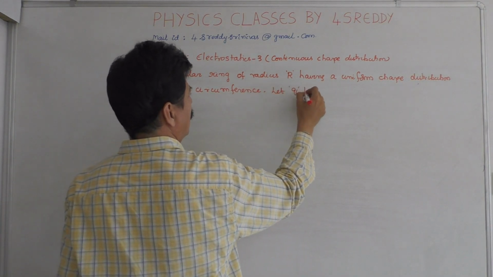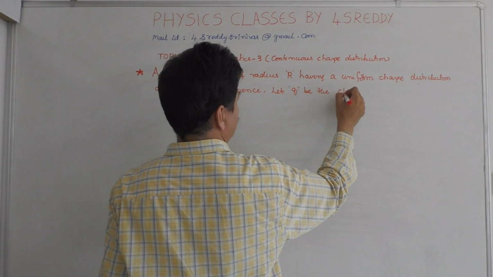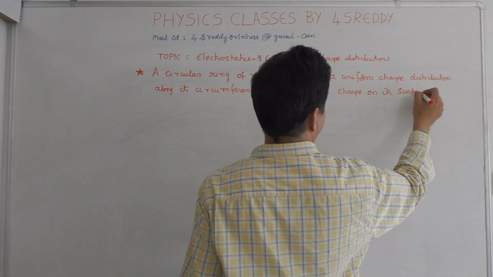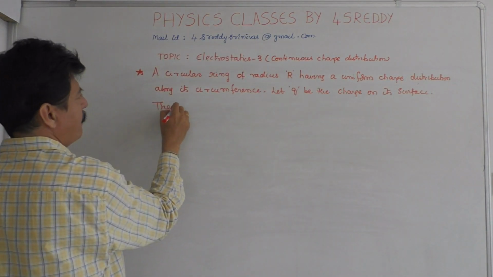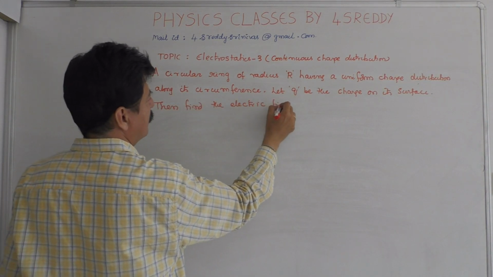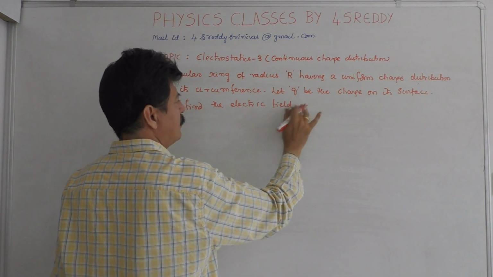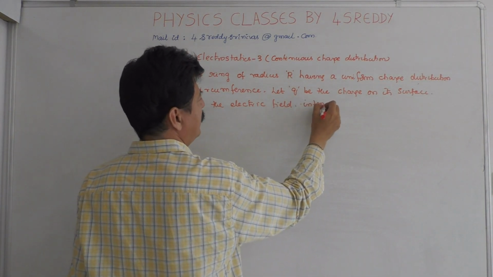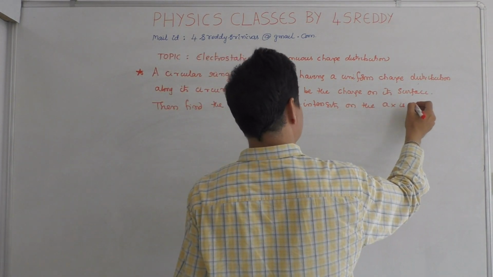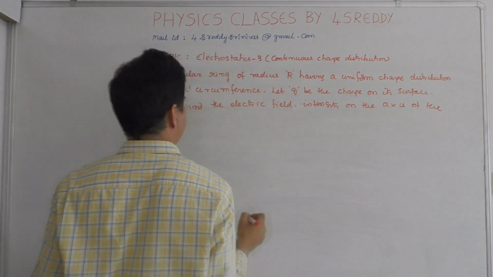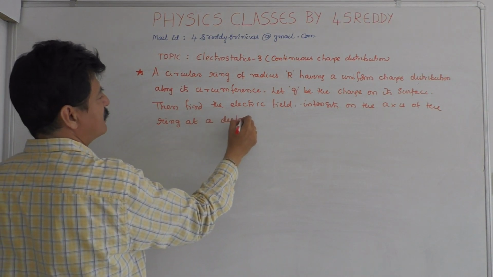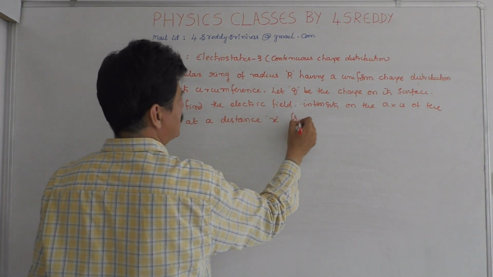Let Q be the charge on its surface. Then find the electric field intensity on the axis of the ring at a distance x from its center.